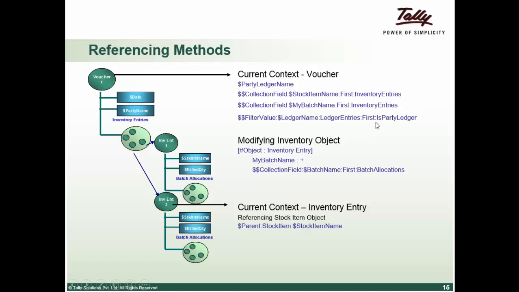And if you want to filter, you will have to write another function to filter it. And if you are trying to call the stock item name by reference, you can use $Parent, which is the stock group, and the stock item, then colon $StockItemName. This means that from my stock item master object, for the current stock item that is getting displayed in my voucher, get its stock group, that is the $Parent. This is what referencing means.